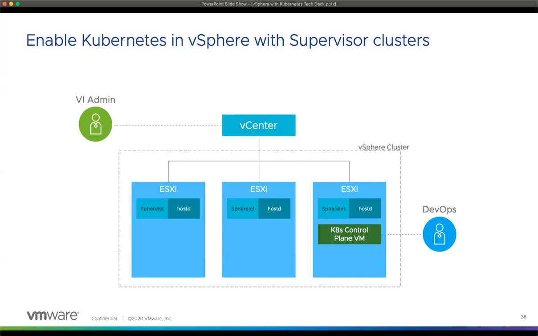Its job is to keep monitoring the status of what's going on and reporting that up to the control plane. If there is a vSphere pod running on that ESXi host, the spherelet is always keeping its latest status current in the Kubernetes control plane VM.